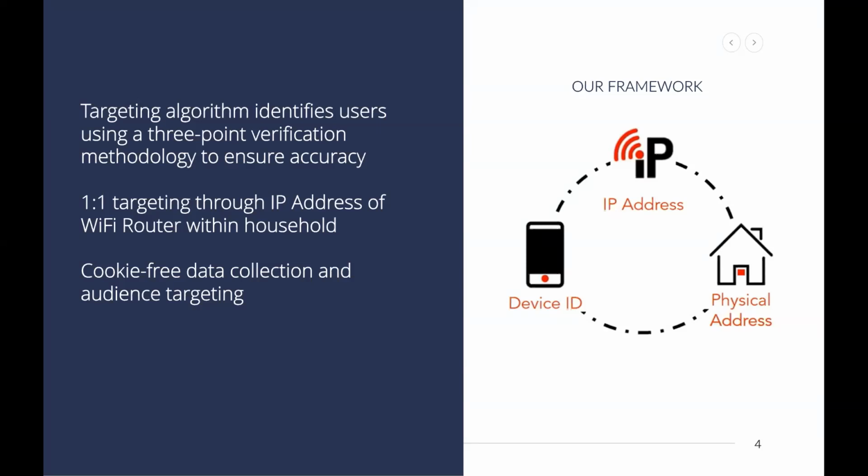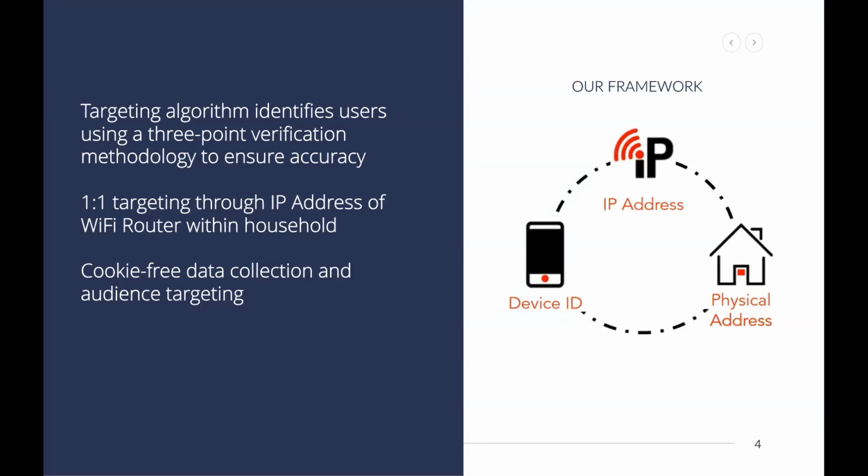We don't use cookies for these campaigns. All of the matching, whether it be on the device or the household IP address, we get through around 350 billion different data points that our server receives every single day. And that allows us to do these matching algorithms. And again, I'm going to get into that a little bit later on. But Marine Ad Network is really built on accuracy and delivering ads in an accurate way towards the actual household.